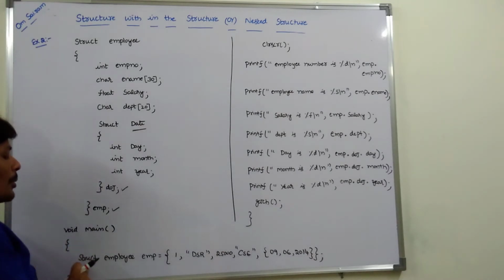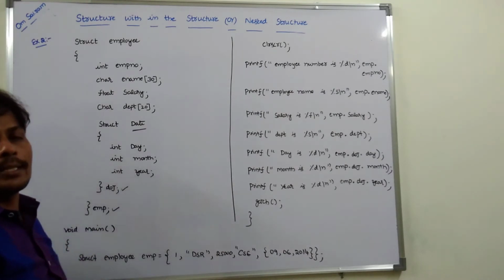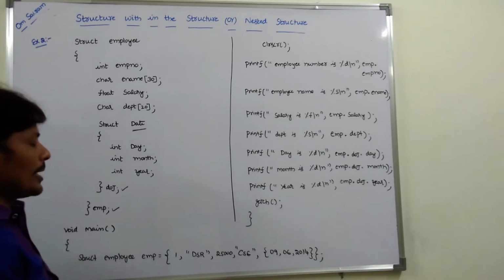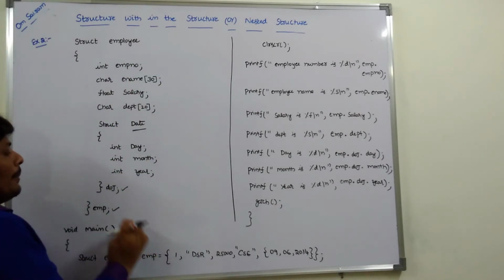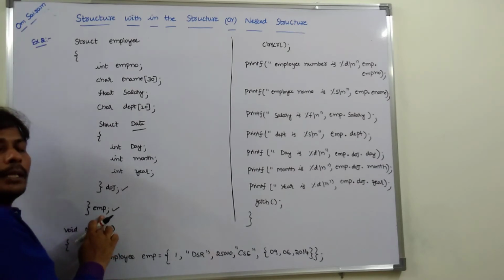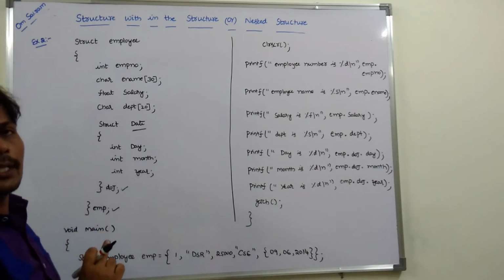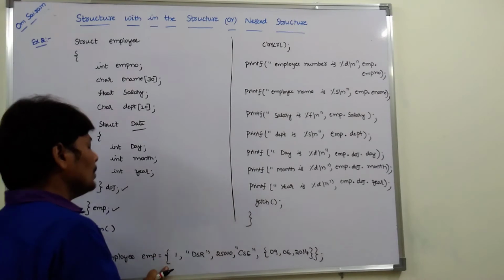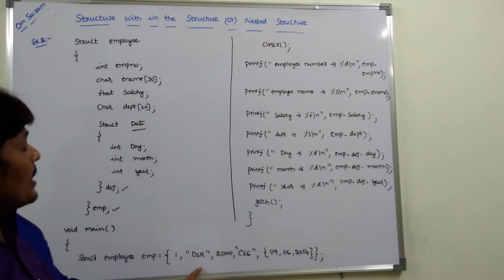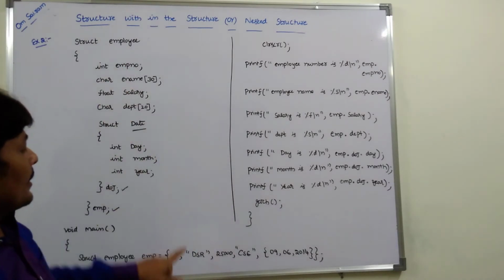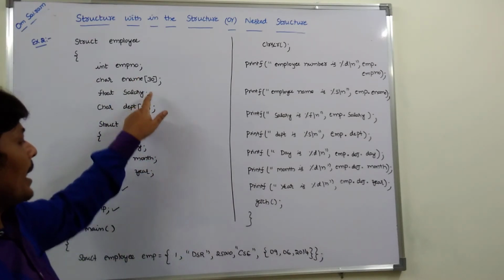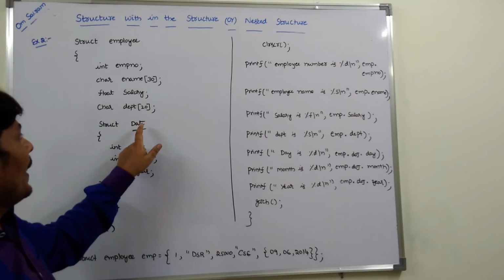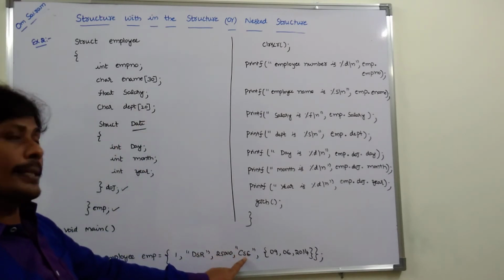Void main. Now we have to initialize the structure. Struct employee emp, where emp is the variable created for the structure employee, is equal to: employee number 1, employee name DSR, employee salary 25,000, employee department CSC.